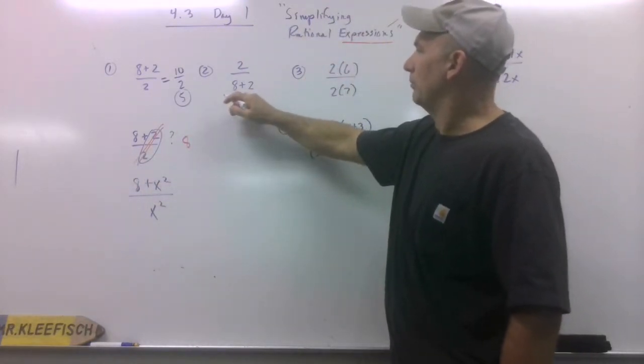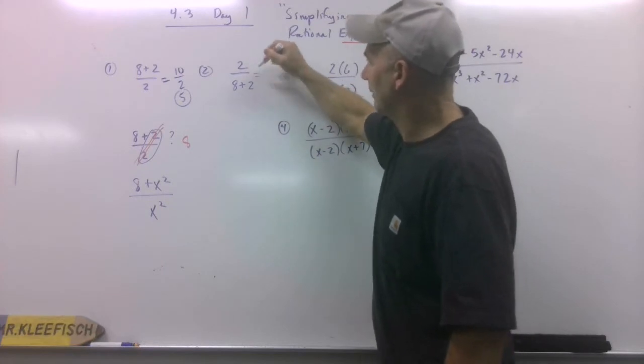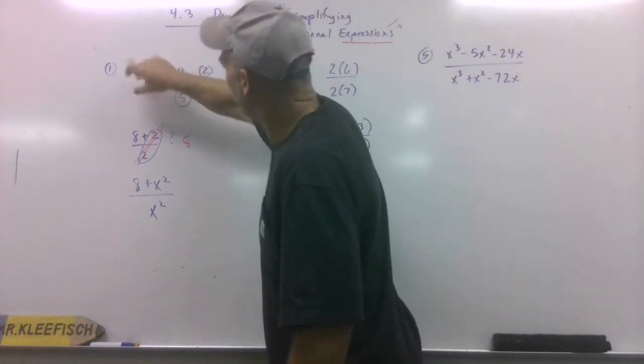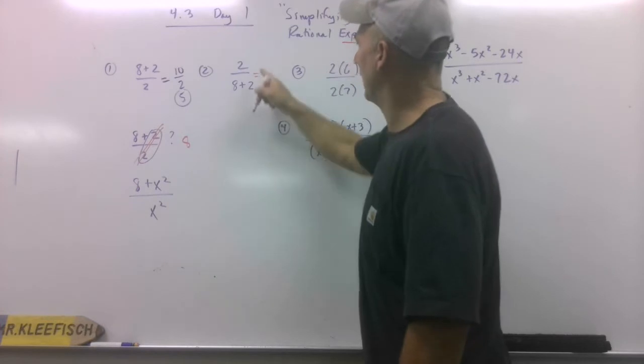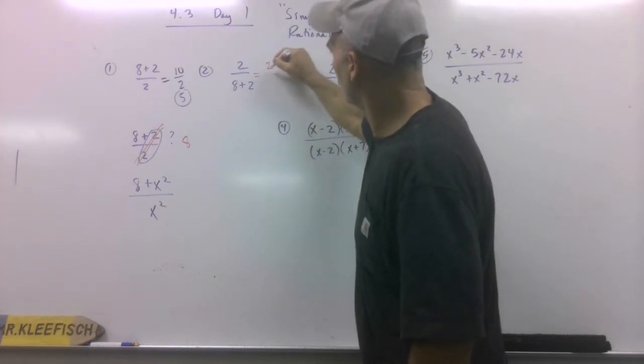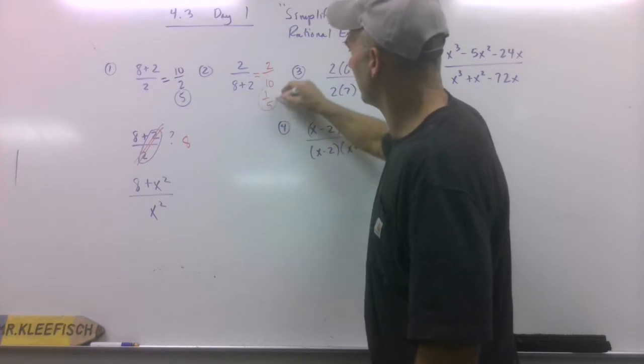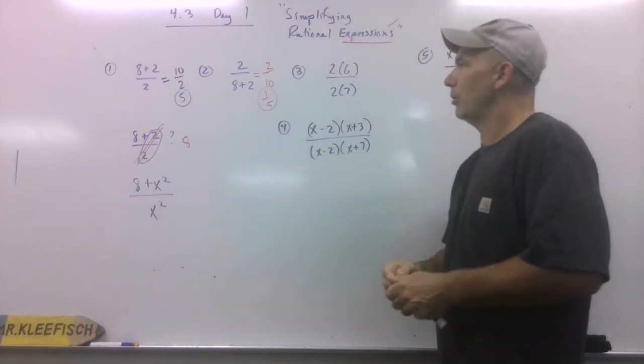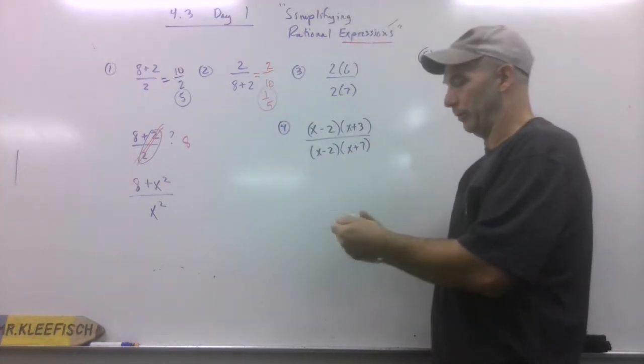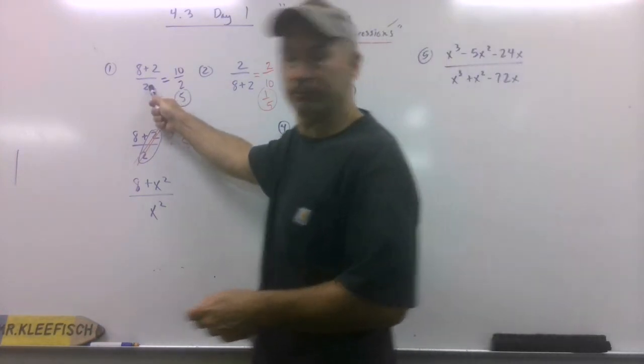Now, how about this one? Well, this one is simply this one flipped. Now, if I said, hey, what's the answer to this? I'd go 2 over 10, which is 1/5. There's no denying that. Now, I'm going to experiment with this one.